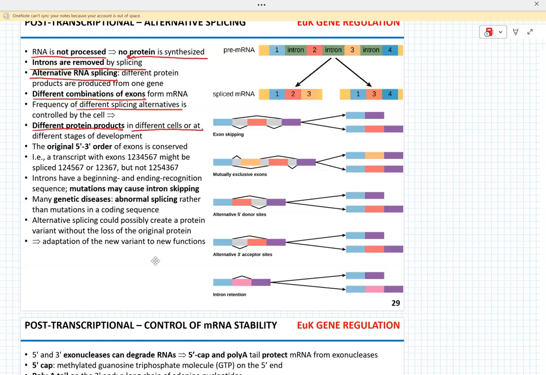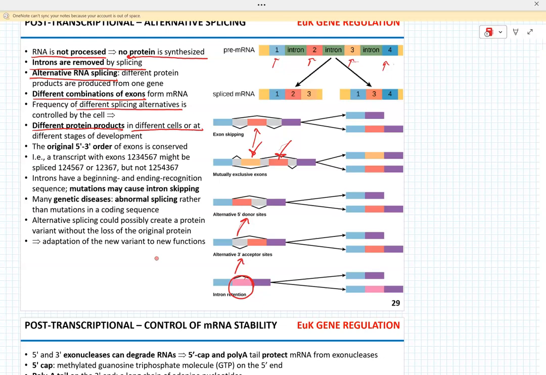You can see on the image on the right that there are 4 exons. During alternative splicing, an exon can be skipped, or exons can be mutually exclusive, so either this or this exon will end up in the final product. 5' donor sites during splicing can be different, or 3' acceptor sites can be different. Or an intron can be retained within the sequence.